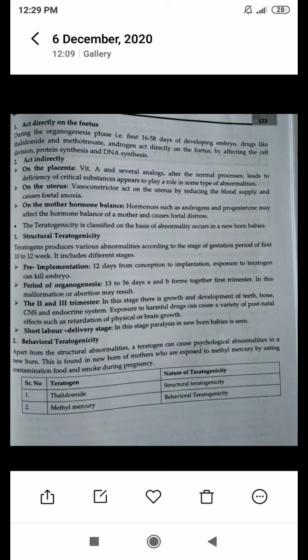In the second and third trimesters, there is growth and development of the teeth, bone, CNS, that is central nervous system, and endocrine system. Exposure to harmful drugs can cause a variety of postnatal effects such as retardation of physical or brain growth. Then last is the short labor delivery stage. In this stage, paralysis in newborn babies is seen.